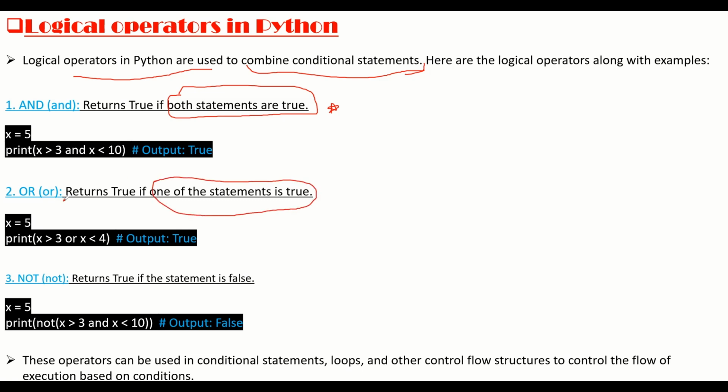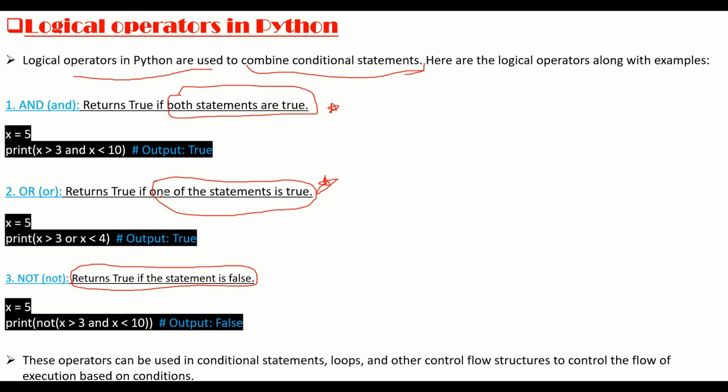So guys, the OR condition executes if at least one condition is true, then the OR block is run. Okay, and what about not? It returns true if the statement is false.